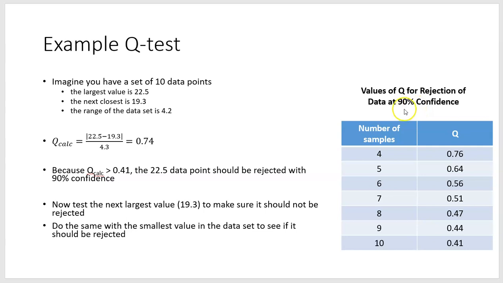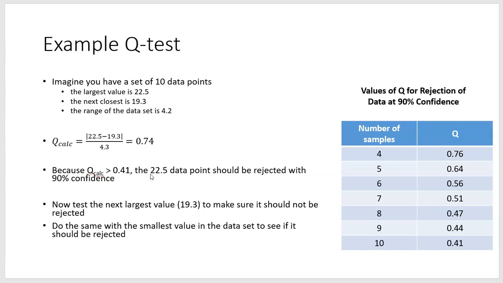And then we say we have 10 data points, so we look down here to the entry for 10 samples, and we see the Q value is 0.41. And 0.74 is greater than 0.41, so we can reject that data point with 90% confidence. So we say, okay, that data point is an outlier.